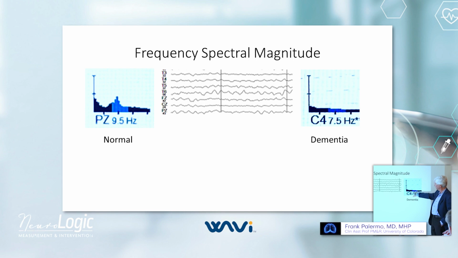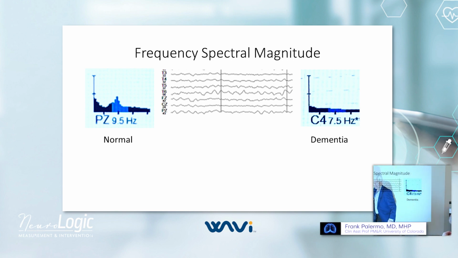Now, alpha goes from about 8 to 12, or approximately 13. But the computer will then analyze this and give you a score. But you don't need the score, you just need to look. Like, this is really good, okay? It's in the blue, it's in the alpha range.